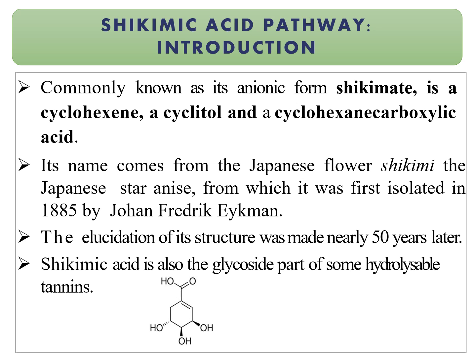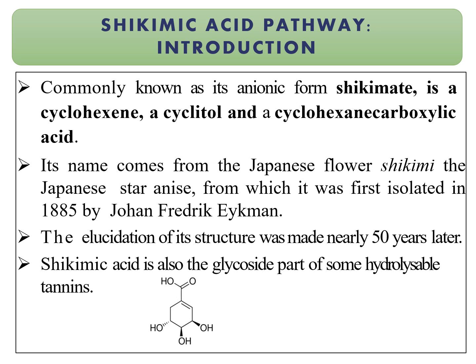Now, where does the name Shikimic acid come from? Why is it called the Shikimic acid pathway? In 1885, the scientist John Frederick Eykman first isolated shikimic acid from a Japanese flower known as Shikimi, or the Japanese star anise.